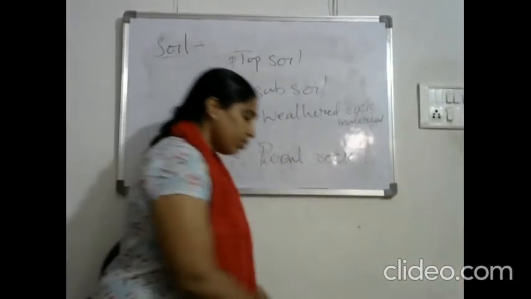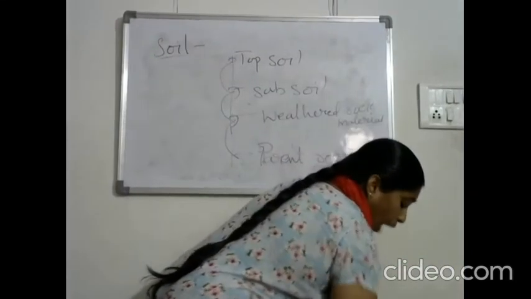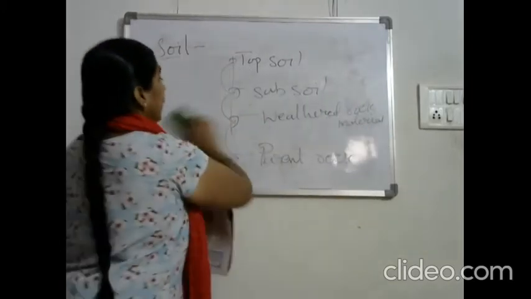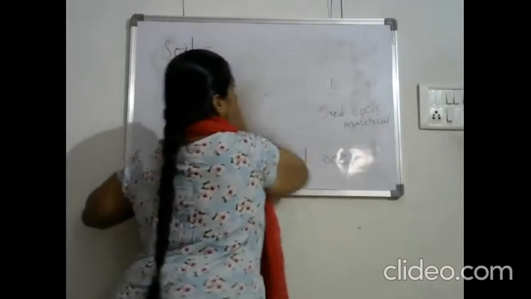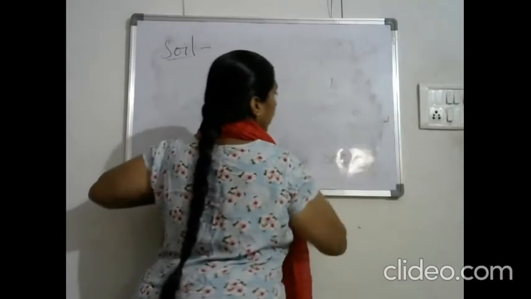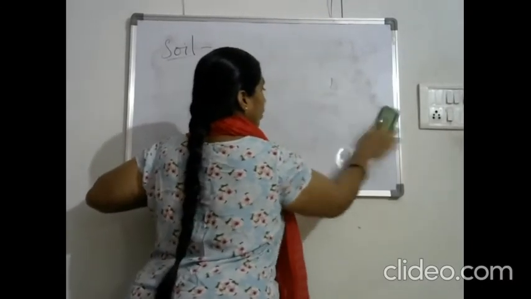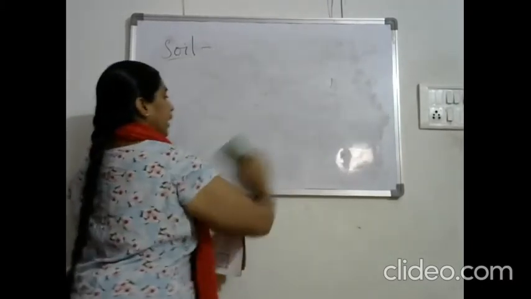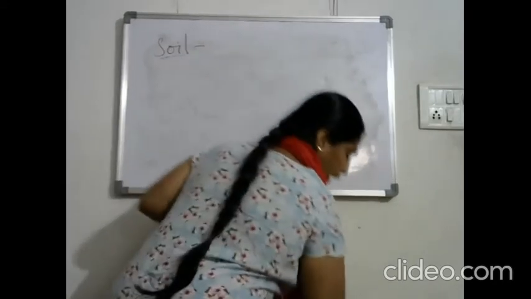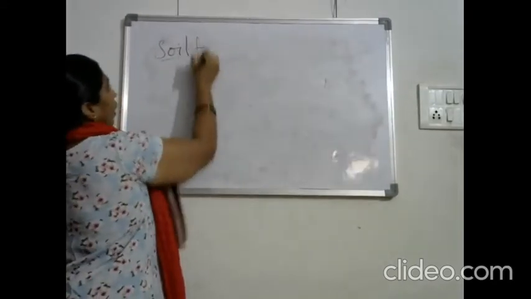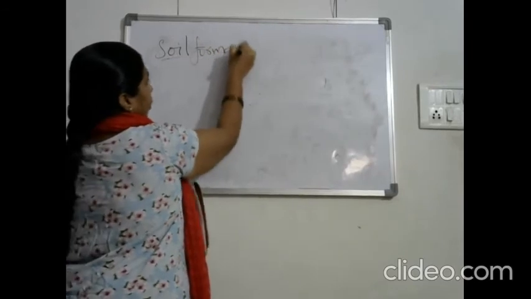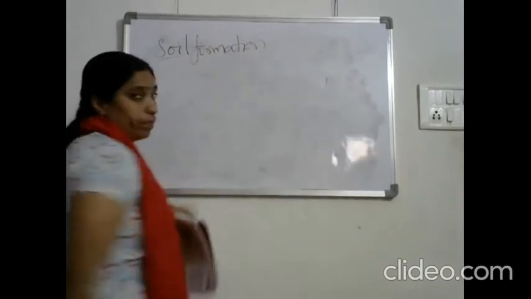Now coming back to what the different factors are for the soil formation. What are the factors that are suitable for the soil formation? Okay, we are saying that soil formation happens because of the weathering of the rocks.